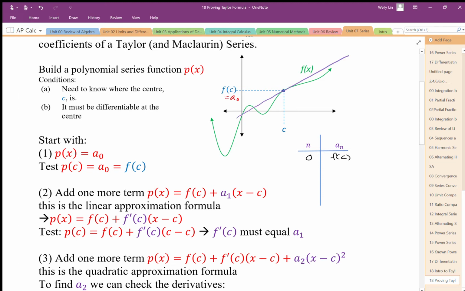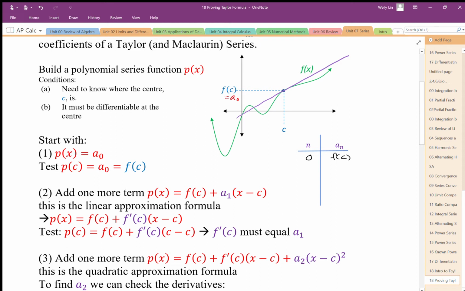This is really just a linear approximation function. We find the slope at c and then use the linear approximation formula. That's all we're doing. This two-term polynomial series just ends up being the linear approximation function that we've used before.